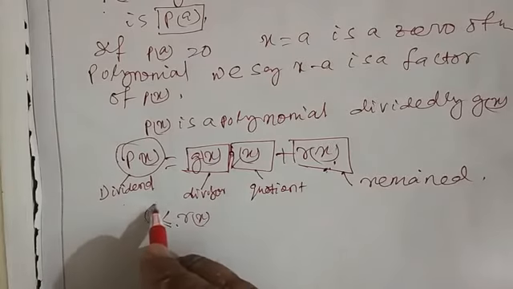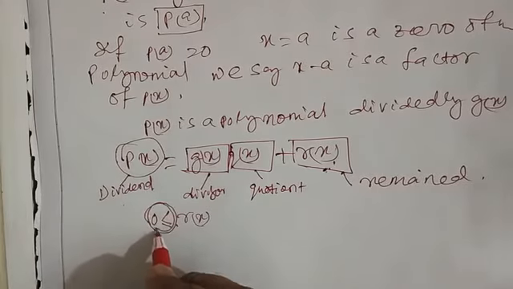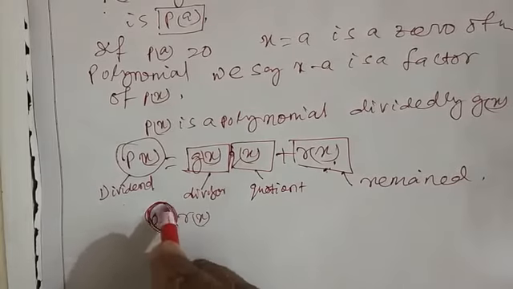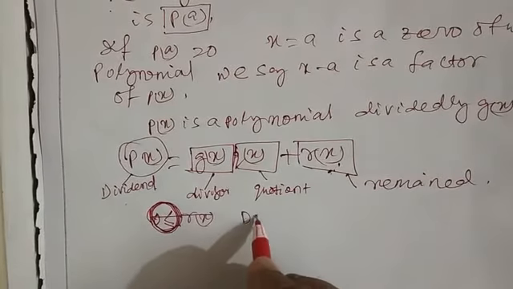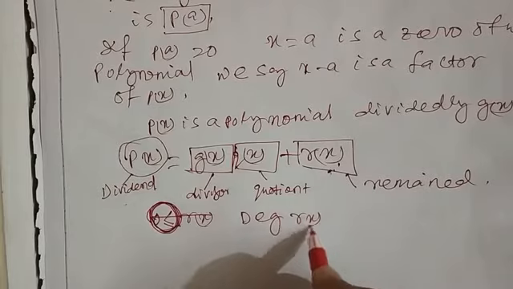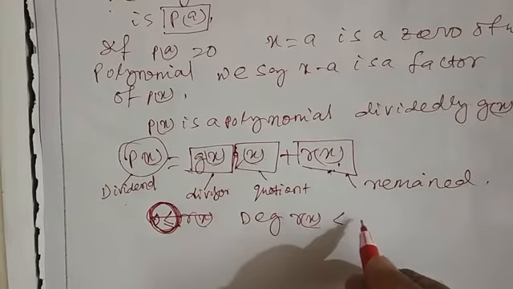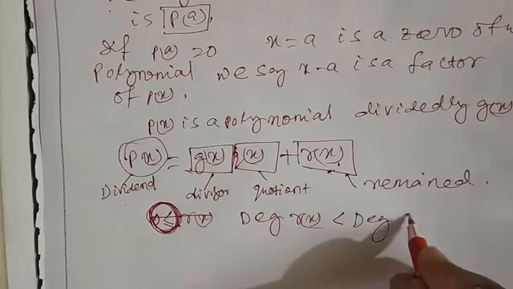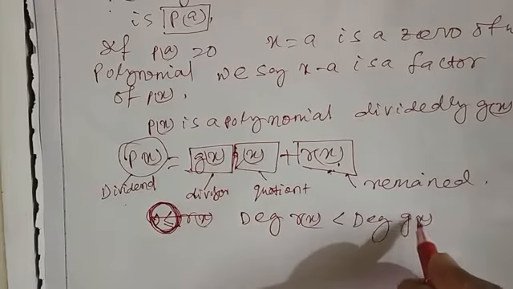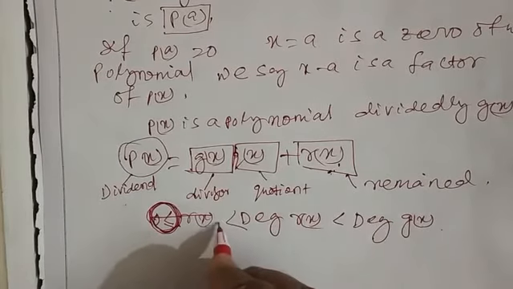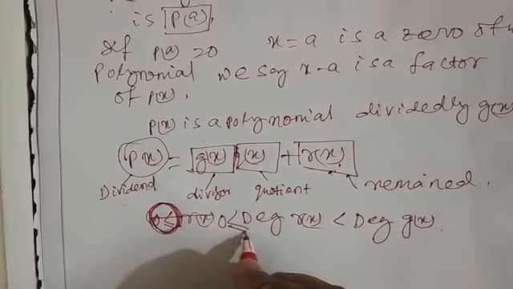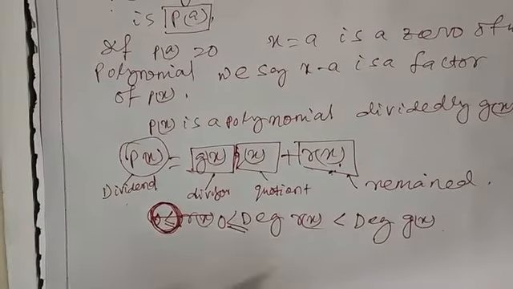Understood? This thing is not there in case of polynomial. We write degree of r(x) must be less than degree of g(x).